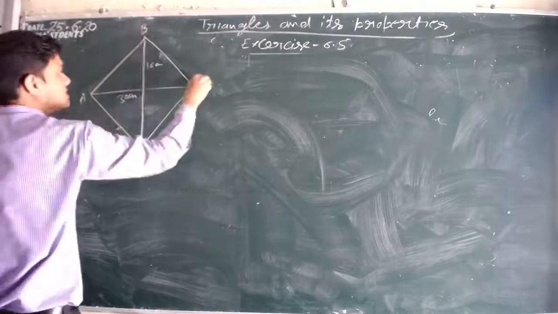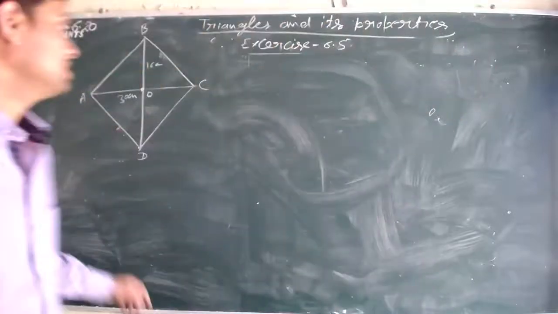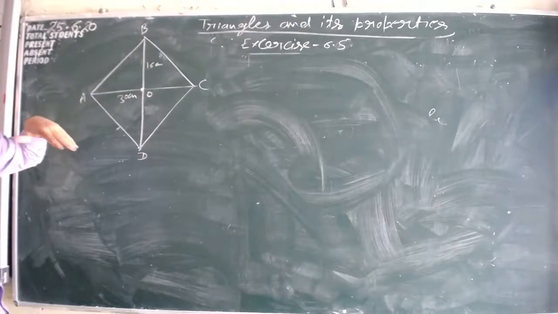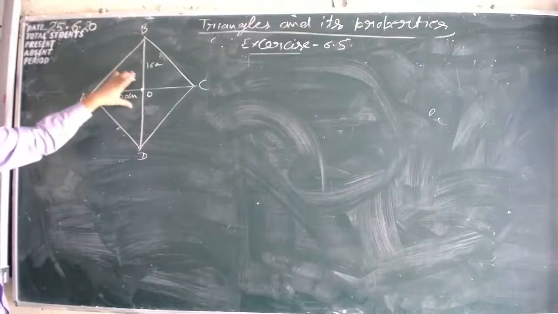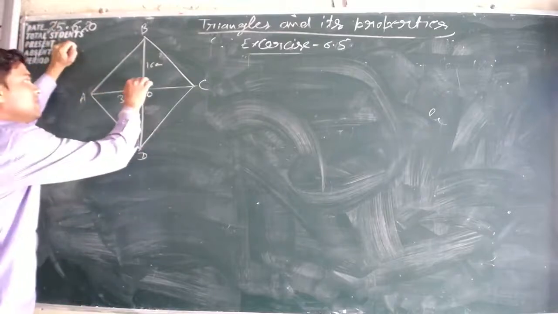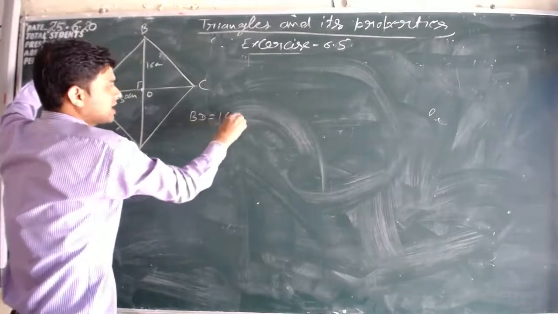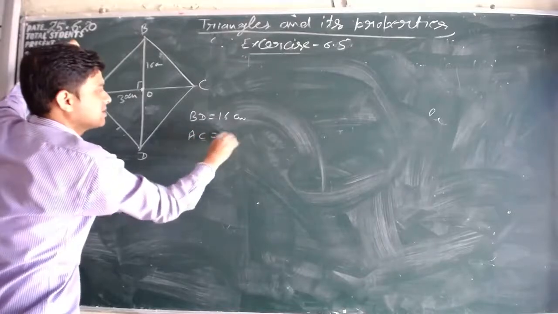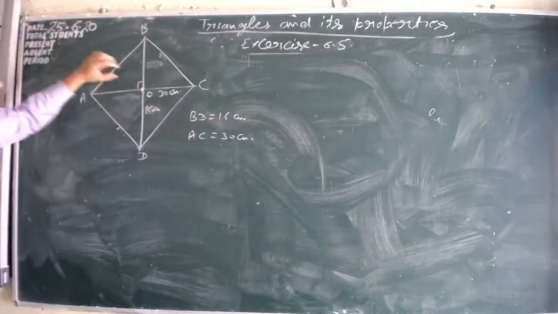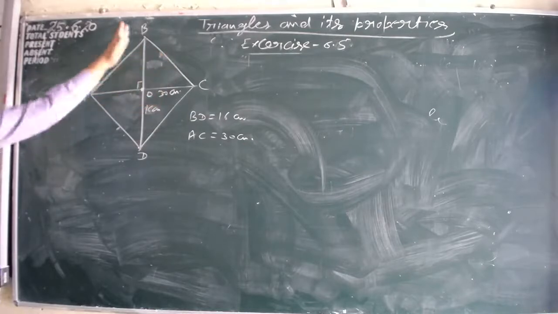A, B, C, D, and the point of intersection we can consider O. Now we can see that the rhombus diagonals intersect each other as bisectors of each other. It means they intersect so that this side is equal to that, and this side is equal to that. And second, they intersect each other at 90 degrees. So BD is 16 centimeter and AC is 30 centimeter. So what does it mean? The remaining part is half of it, because they bisect each other equally.